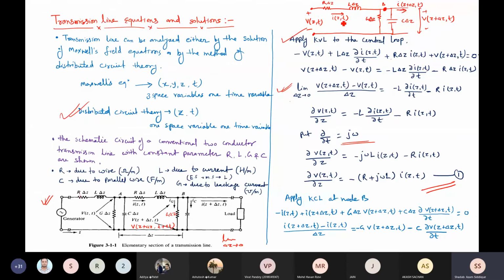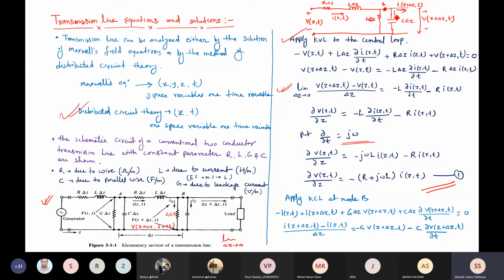We take the current coming to this node as I(z, t). Since this is entering, we have taken the assumption that entering is negative, so minus I(z, t), and the current due to this capacitor and this conductance will be coming out of the node.